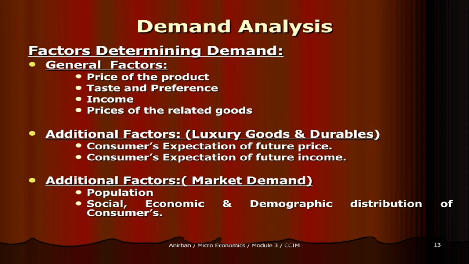In the case of complementary goods like petrol and car, a rise in the price of petrol is followed by a reduction of demand for cars. So it clearly says that the price of the related goods will determine the demand.